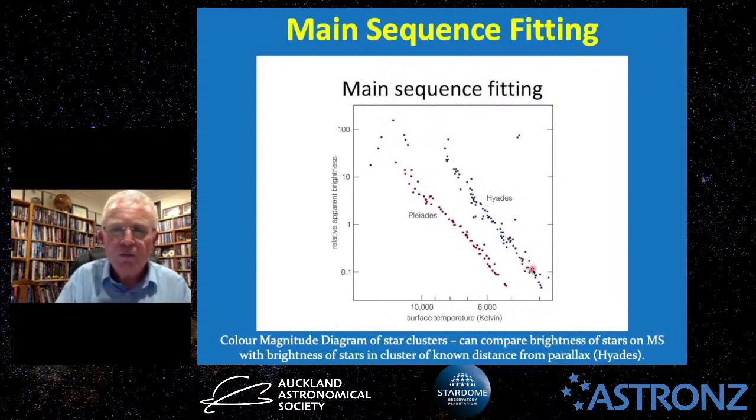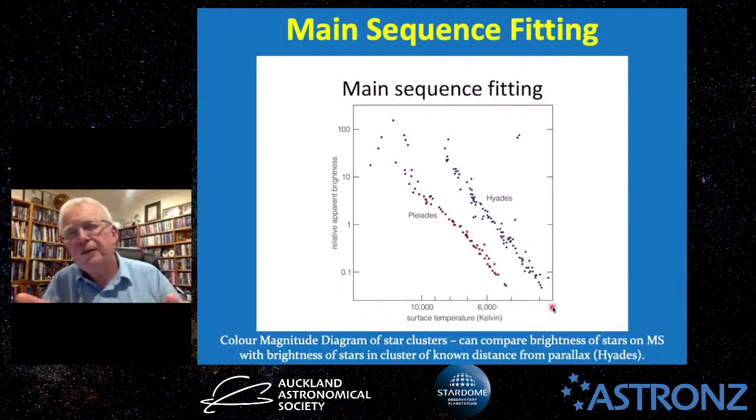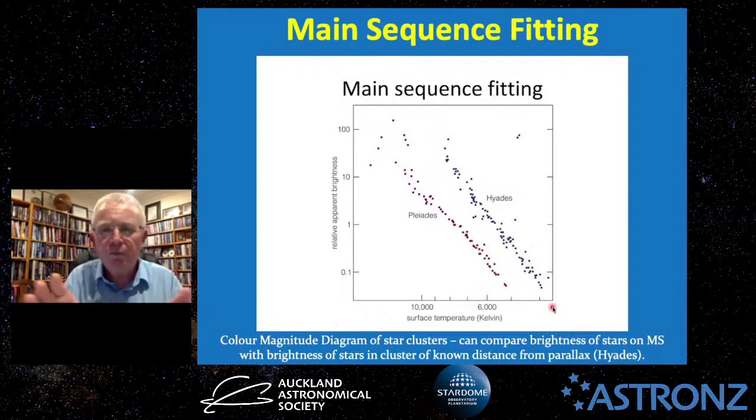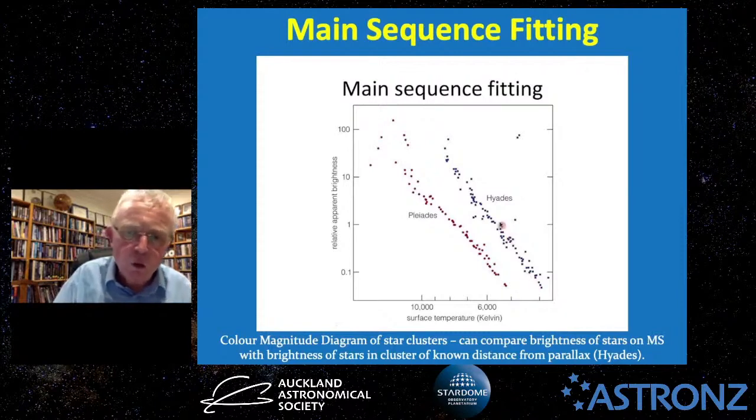So you can do this, and you map here, it's called a color magnitude diagram, whereby you map how bright something is through your filter up on the y-axis, and on the x-axis, you use the difference between two filters, called the color index, and it reflects the surface temperature of a star. And you plot in a star cluster all the stars, and here all these main sequence stars all going up nicely up here. And this is the star cluster Hyades.